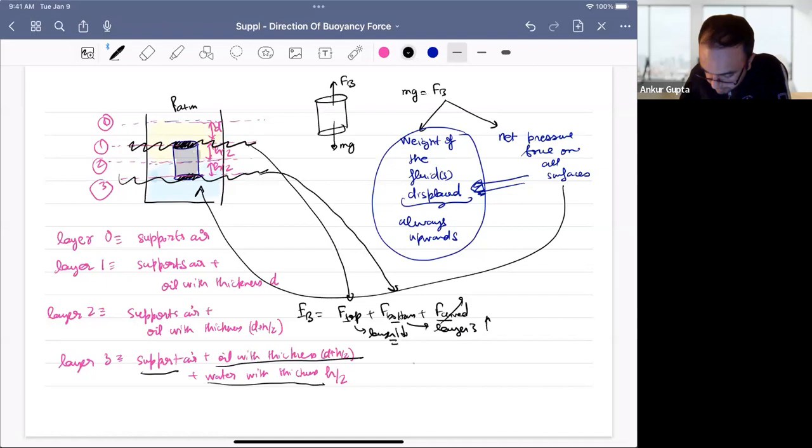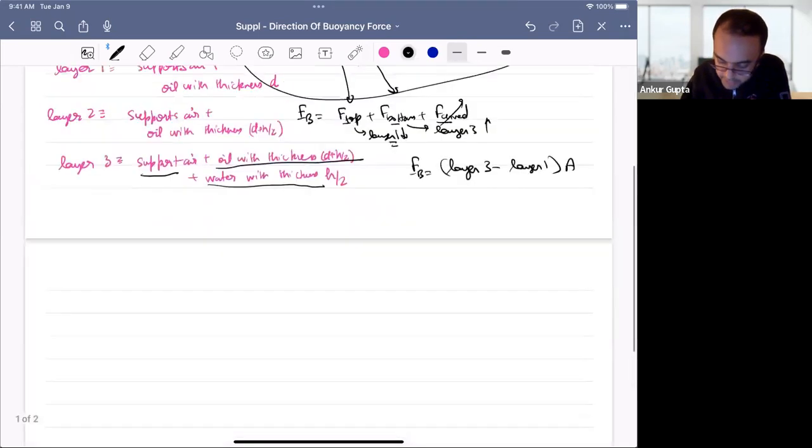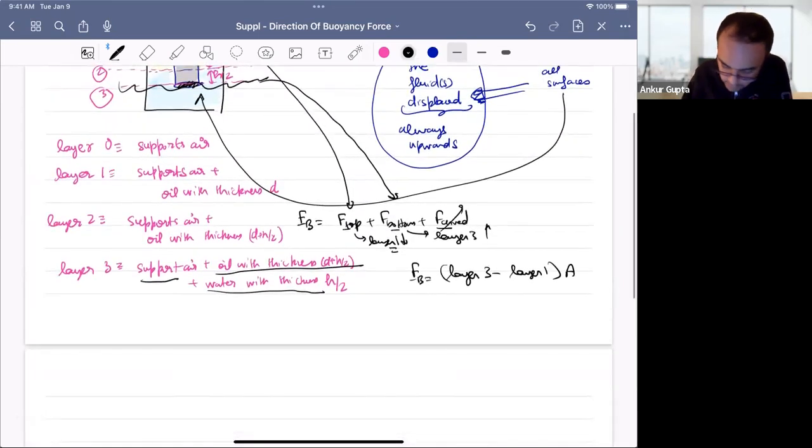So this FB essentially becomes layer 3 minus layer 1 in terms of pressure times some sort of an area, and this is approximate. But the point here is that if you subtract layer 3 minus layer 1, the air support gets cancelled, then the oil with thickness d plus h by 2 cancels, and you get oil with thickness h by 2 times area plus water with thickness h by 2 times area.